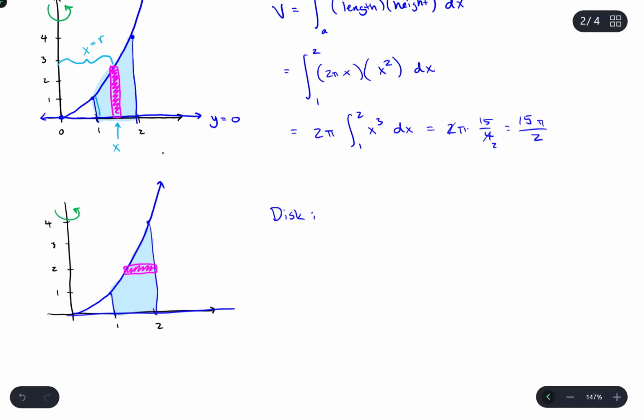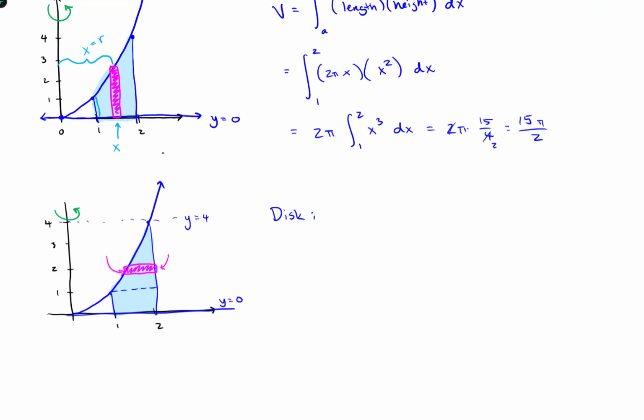Now, there's one little issue here. There's actually 2 subregions when I do it this way. Because the thing is, the most positive part of this rectangle and the most negative part of this rectangle is not the same function on the entire interval from y equals 0 up to up here, which is y equals 4.